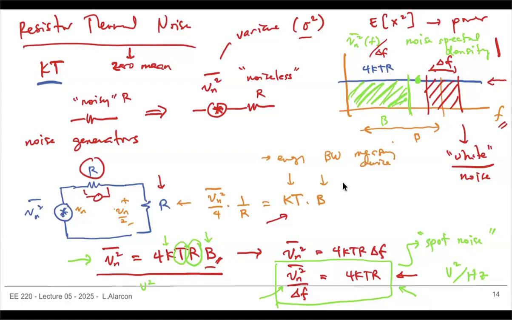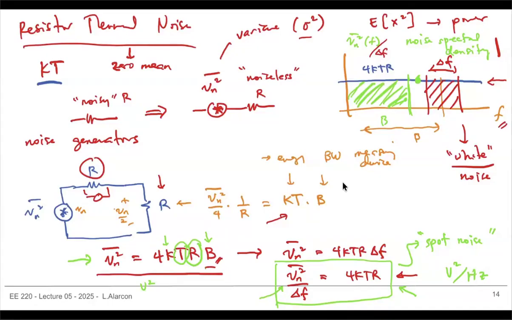Once we have this, what are the other properties of the noise that I want to look at?